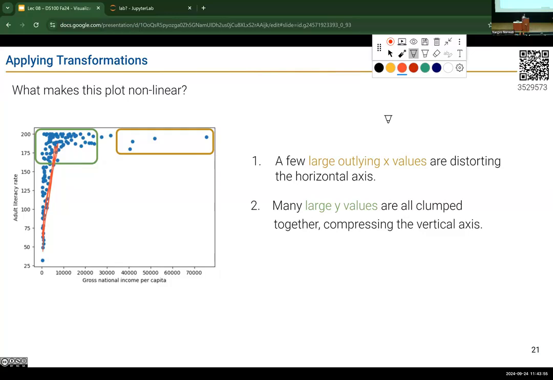But what is the issue with this specific region, where all of these values are clumped together in the top left corner? Can someone guess? What is difficult about it?